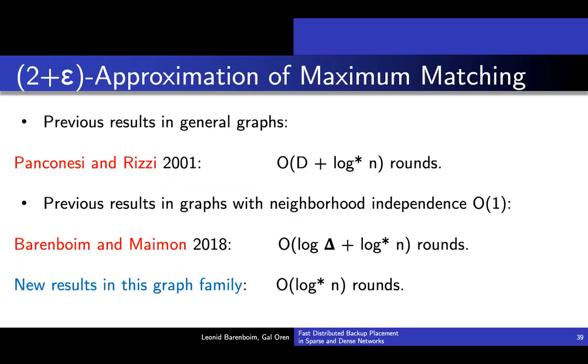We employ our backup placement algorithm in order to compute maximum matching approximation of an input graph G with neighborhood independence bounded by C. For C equals O(1), we obtain a 2 plus epsilon approximation to maximum matching with O(log star n) rounds. The best previously known O(1) approximation for such graphs, by Barenboim and Maimon, has running time of O(log delta plus log star n), where delta is the maximum degree of the graph.